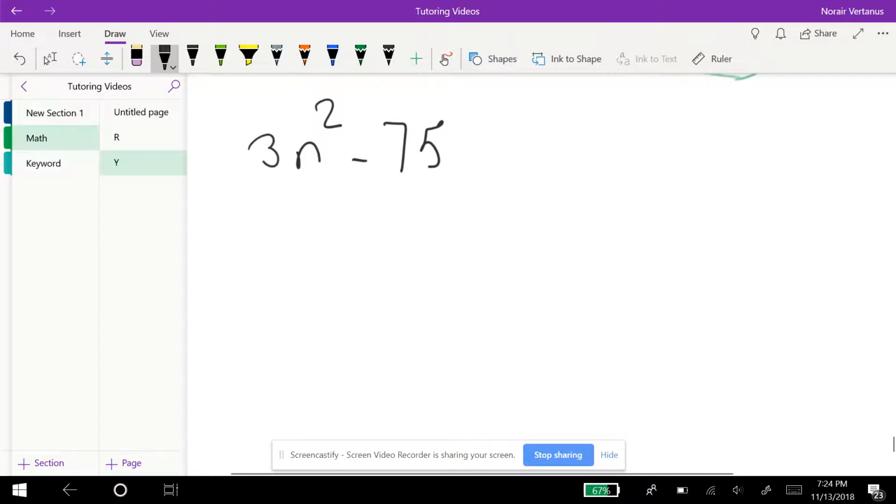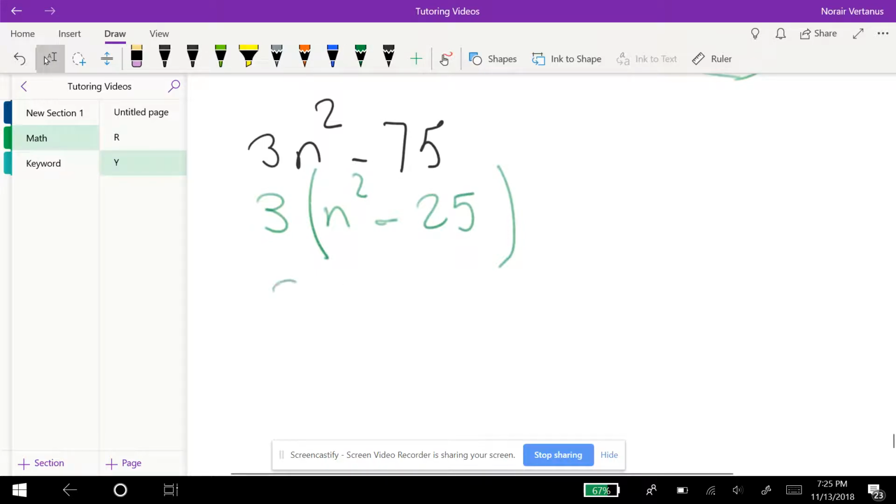So what we did was look for a common factor to factor out. What is the common factor between 3 and 75? Is there anything? Yes, 3 is the common factor, right? Factor out 3. So 3n squared divided by 3 is just n squared. 75 divided by 3 is 25 with a negative sign, because negative divided by positive is negative.